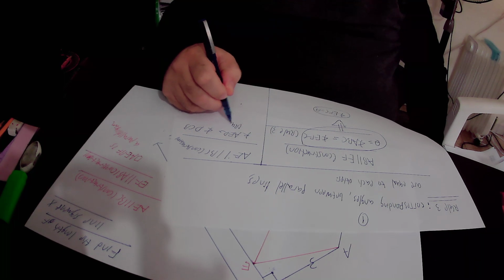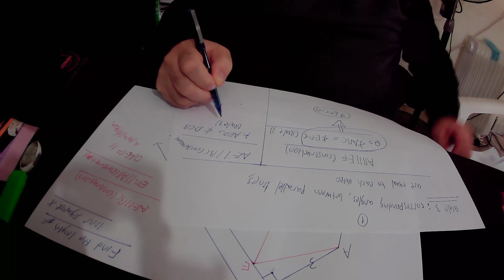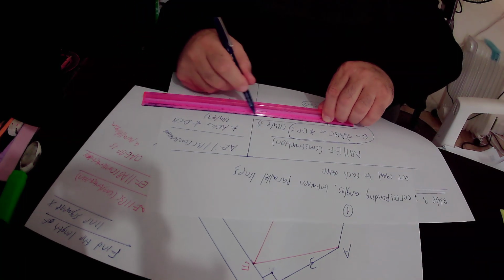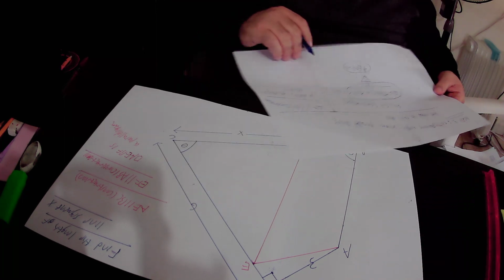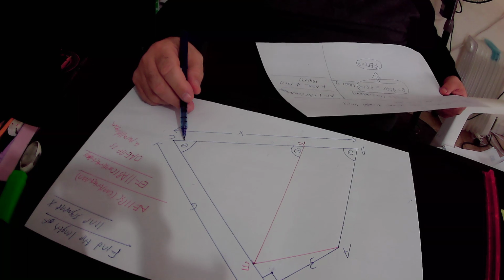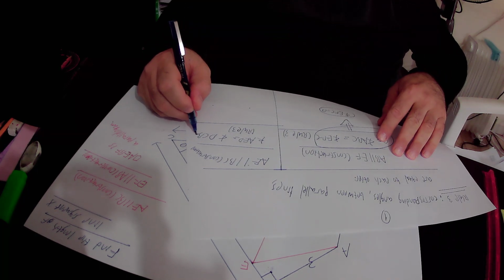So I write it down. But angle DCB, this angle, equals theta according to what is given in the question. So we can write here that angle DCB equals theta.